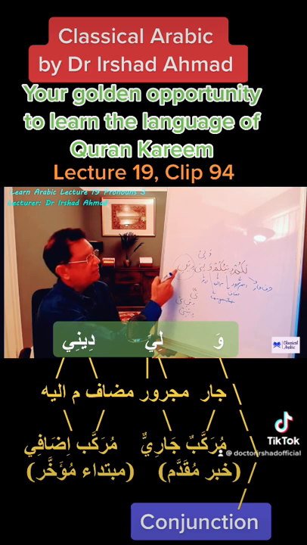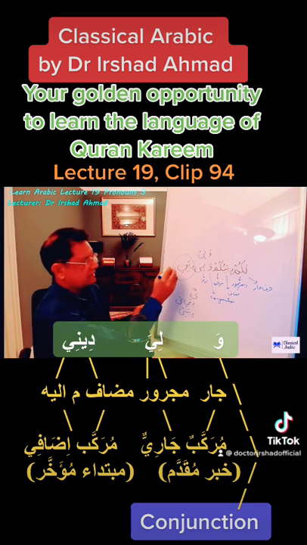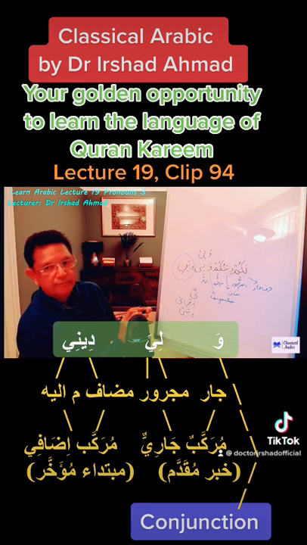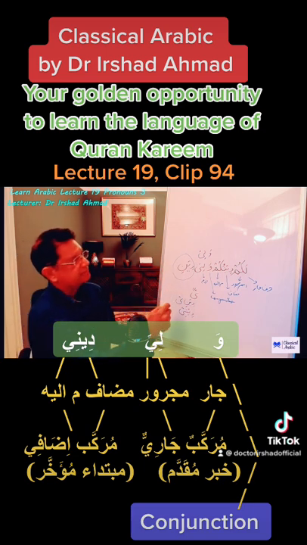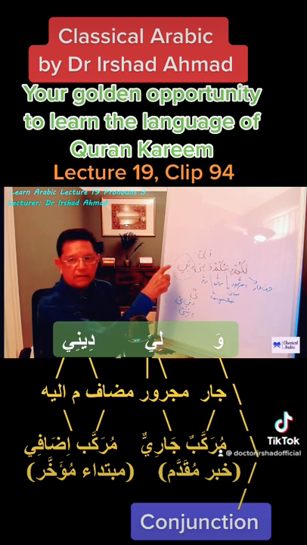But this ya mutakallim has been dropped here. It is considered to be there, but it's not written. It has been dropped, and this kasra tells us that ya mutakallim has been dropped.